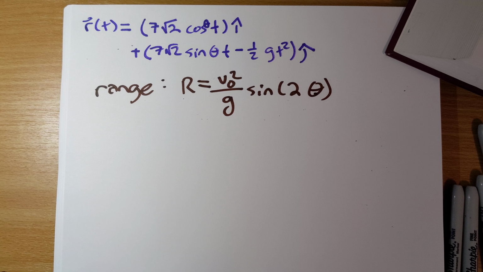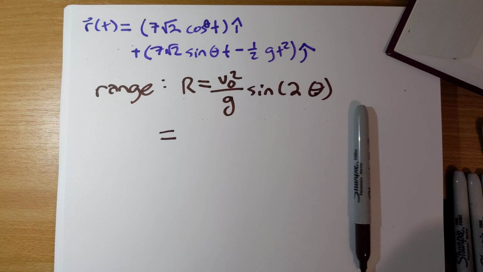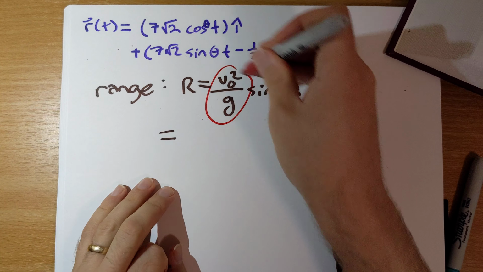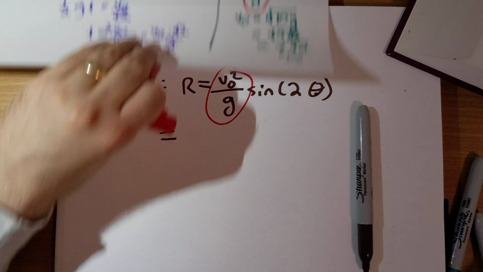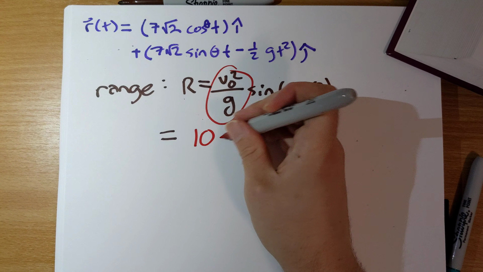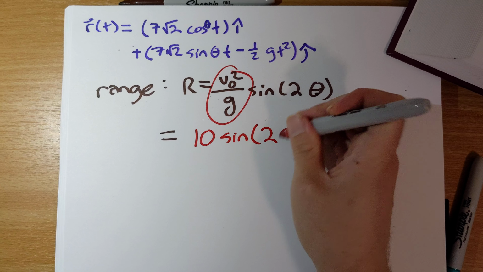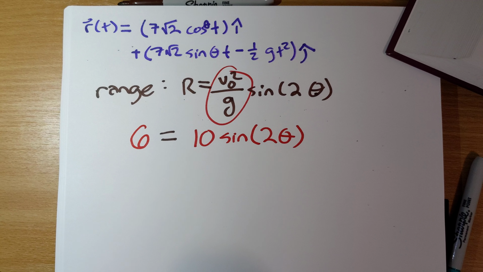I've been using theta, books use alpha. It's clear what that means, the angle. So v naught squared divided by g was 10 back here. So this is going to be 10 times sine of 2 theta, and we want this to equal 6 meters.